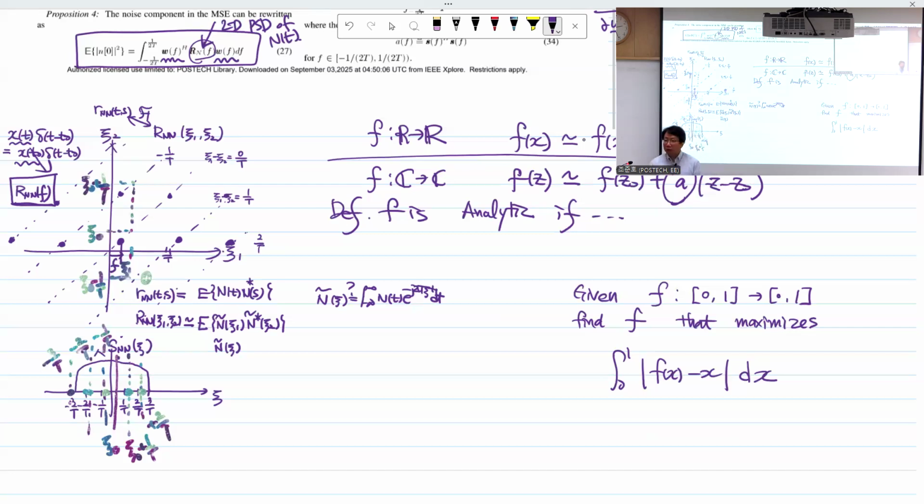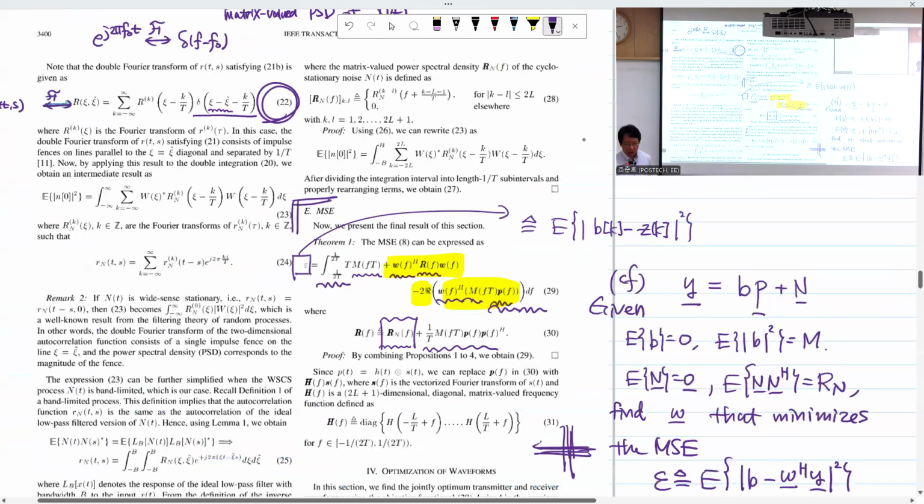I've given you already a big hint, right? So you could much more easily solve this problem because I've given you a hint, when I talked about how to optimize, how to minimize this epsilon in equation 29.